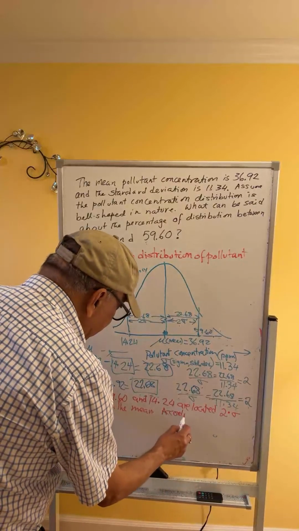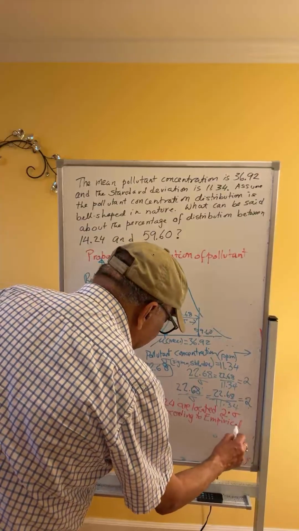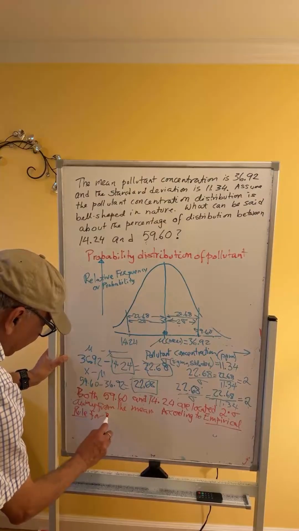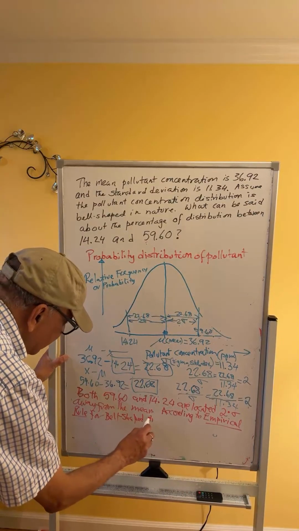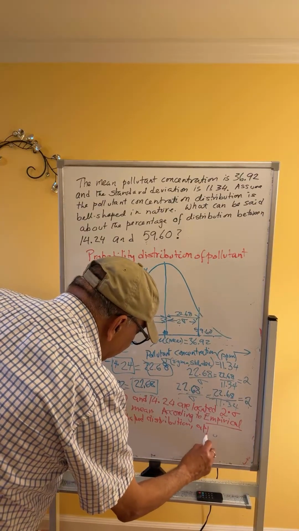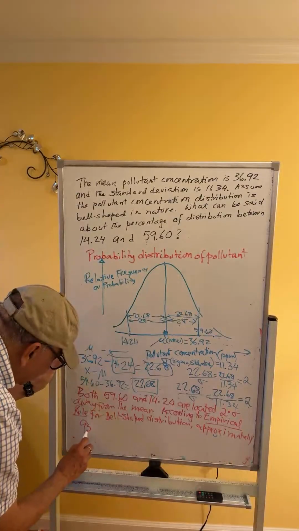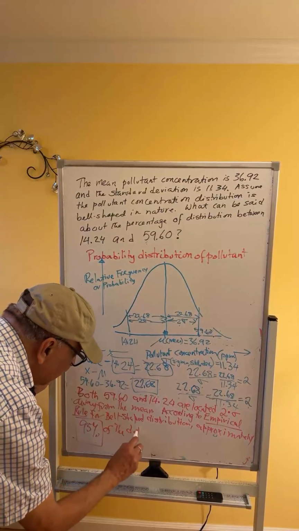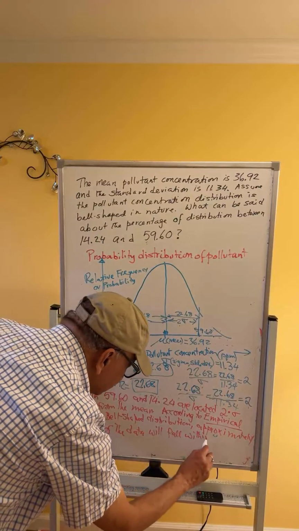According to the empirical rule for a bell-shaped distribution, and this is important, the probability distribution has to be bell-shaped in nature, approximately 95% of the data will fall within 2 standard deviations of the mean.